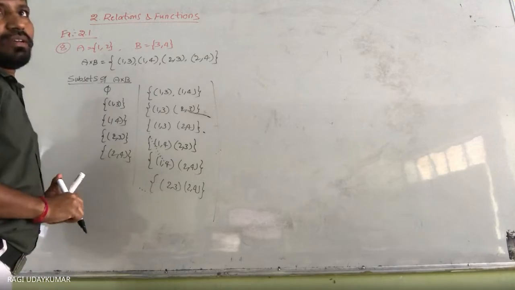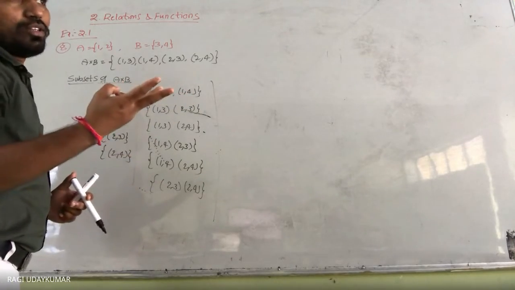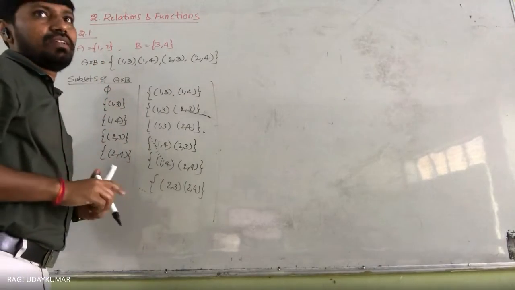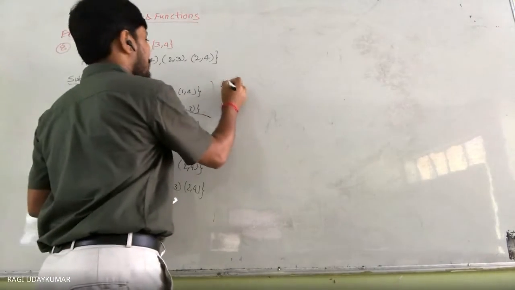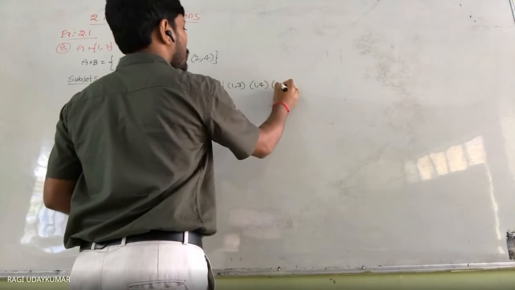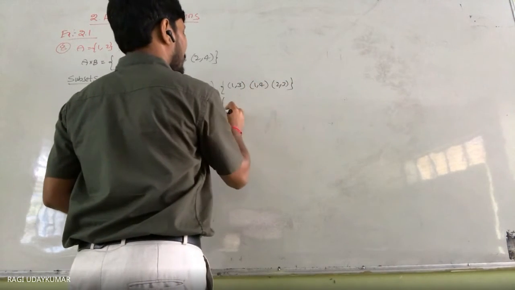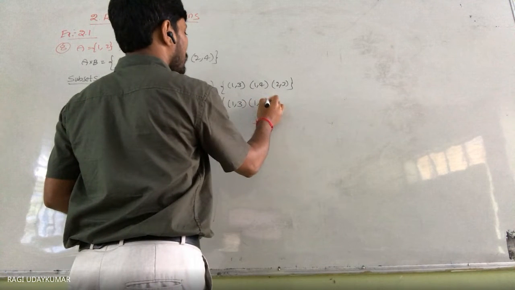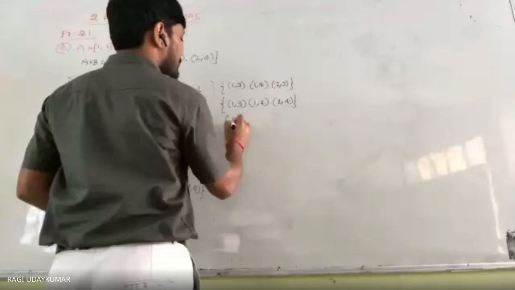Still 5 to go. So 3 elements together, and one is the complete set, which is also a subset of that. So we will take combinations of 3 elements. That is 1,3 1,4 2,3. Next with 1,3 1,4 2,4. Keep 1,3 as it is.